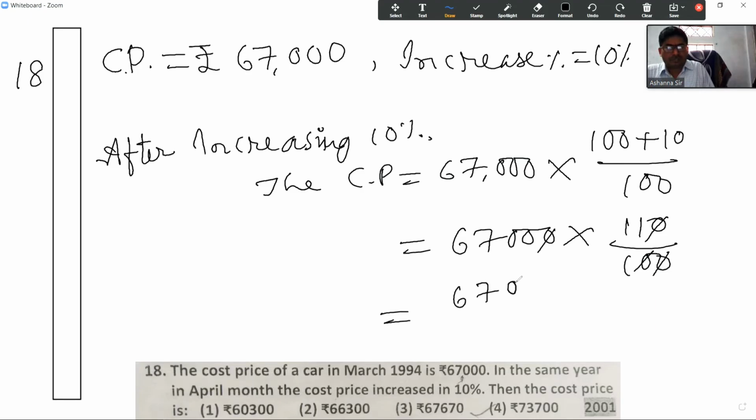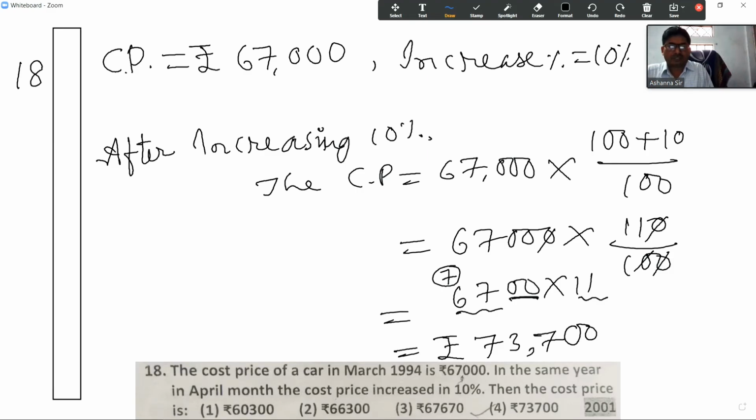Okay, I will show clearly. 11 sevens are 77. 11 sixes are 66. 73. Then we keep these two zeros. 73,700 rupees is the cost price after increasing 10 percent. So option 4.